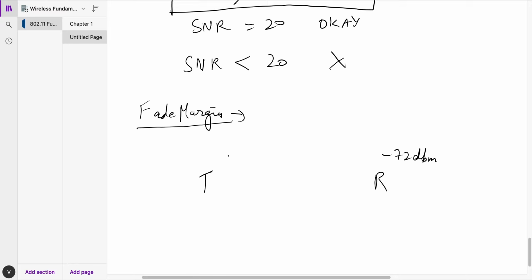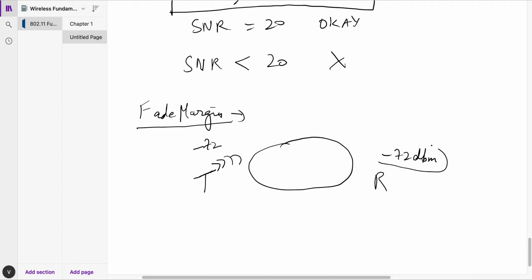We all know that when the signal originates from the transmitter, there can be reflection, absorption, scattering, refraction, which means there can be loss in the air, right? Now, if I send out a signal at minus 72, then it's possible that there will be some loss occurring in between, and what I receive at the receiver will be way beyond minus 72, somewhere around, let's say, minus 80 or minus 82 dBm, and I won't be able to comprehend.